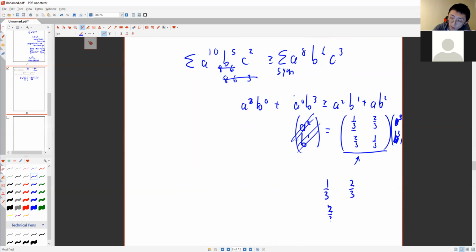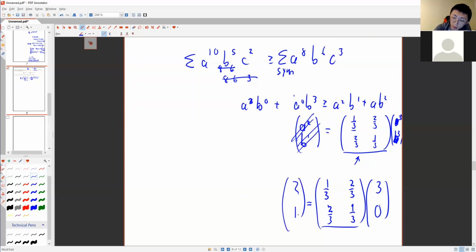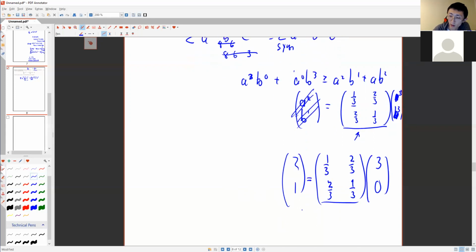If the small sequence can be composed of the bigger one times a matrix like this, then we're good. So let's see if this is actually, I guess this would be 1, 2. So this would be 1 plus 0 and 2 plus 0. So 1, 2.